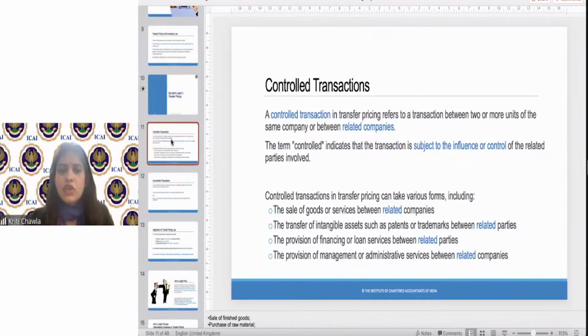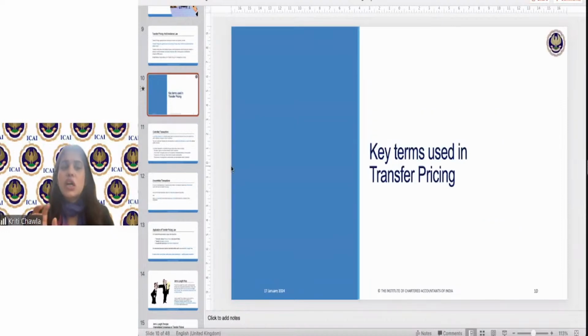But before we go into controlled transaction, I wanted to ask, is there any question right here on transfer pricing? If there's any question, please put it in the chat box. Any question on whatever we've discussed till now?